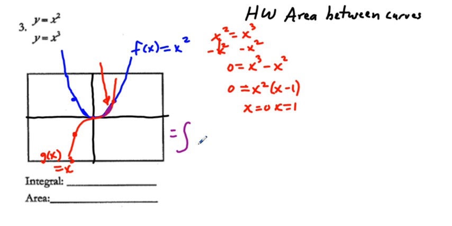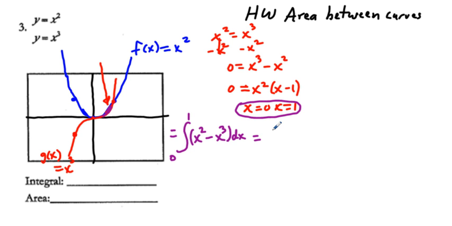So here we have the integral of x squared minus x cubed dx. And we're going to go from 0 to 1 because we've established our limits of 0 to 1 right here, as well as graphically on our drawing.